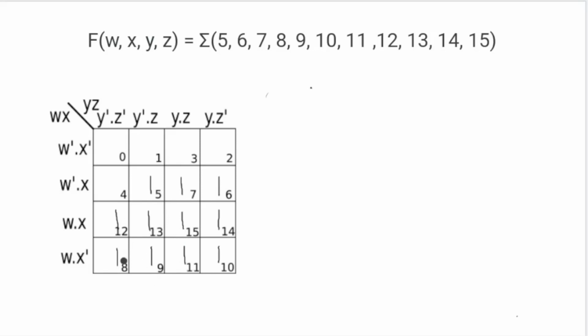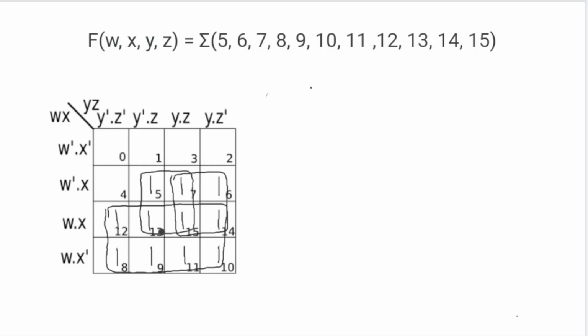Now let us form the groups. The biggest possible group is an octet over here. And then we can form two quads like this and like this.